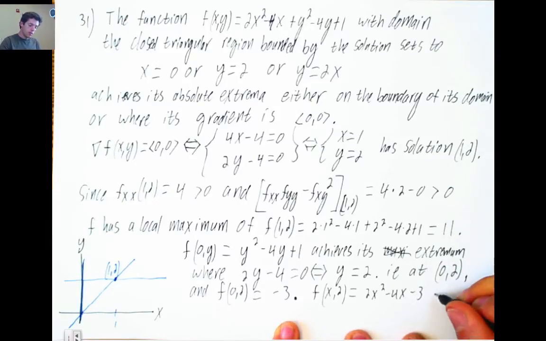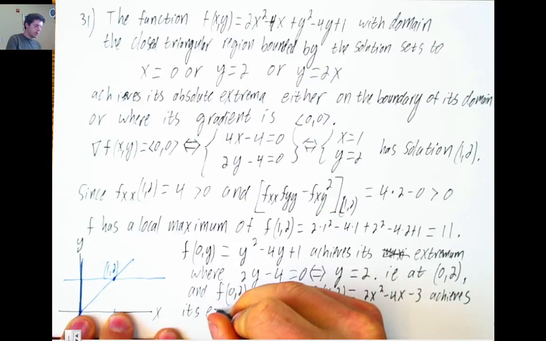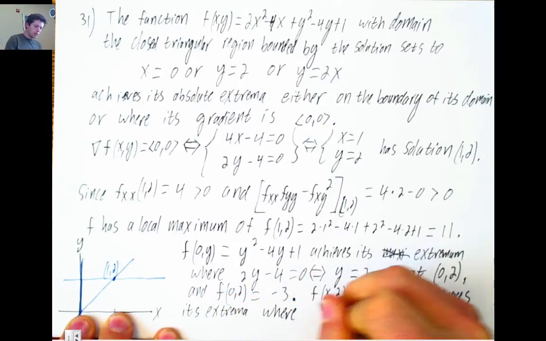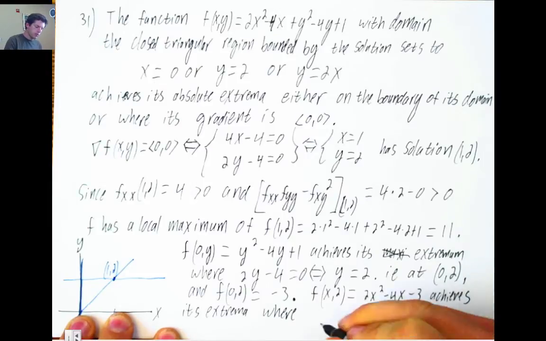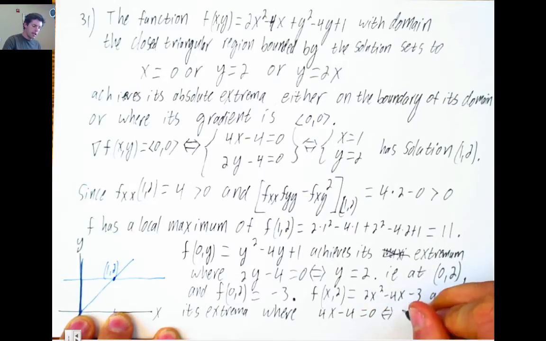It achieves its extrema where its derivative, that's a function of one variable, 4x minus 4, is equal to 0, which means that x is 1.